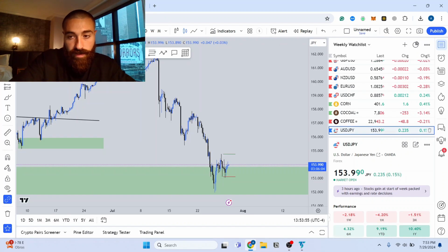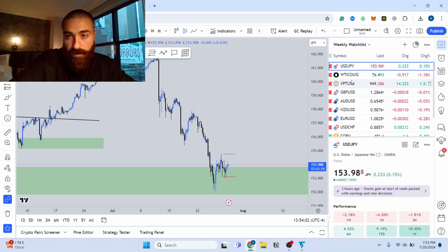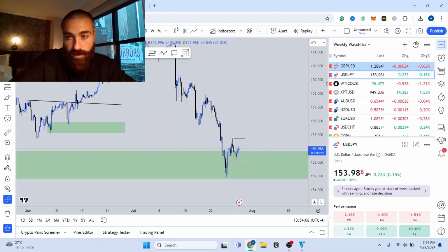Bearish on JPY, right? So I put red here. And I put the highest probability trades that I have for this week up. GBP is my best one, then JPY. So JPY is bearish, and here we are buying, so this is why I put green, and GBP we are selling.